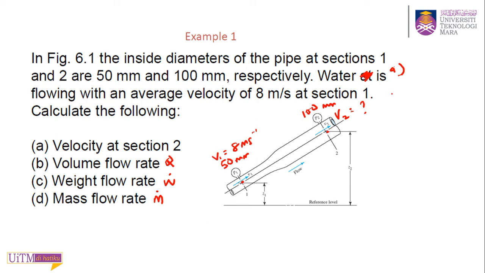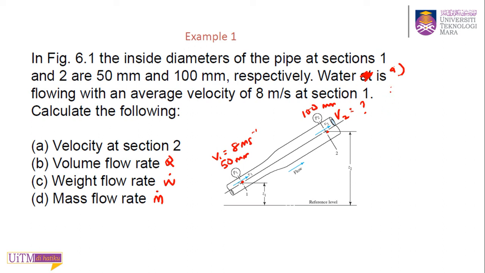What equation can we use? Velocity at point 2. Anyone want to try? No one? It's the same as before, A1V1. How?